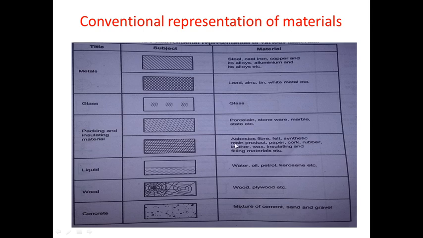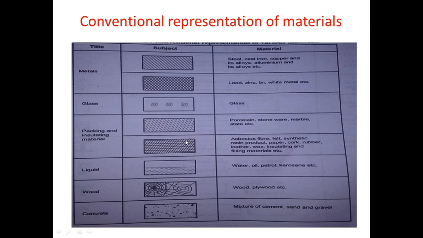Similarly, insulating materials like asbestos fiber, felt, synthetic resin, paper, cork, rubber, leather, wax, etc. are represented by this symbol. In this symbol, we have a rectangle in which horizontal lines are drawn parallel to each other as well as lines inclined at 45 degrees to the horizontal line.